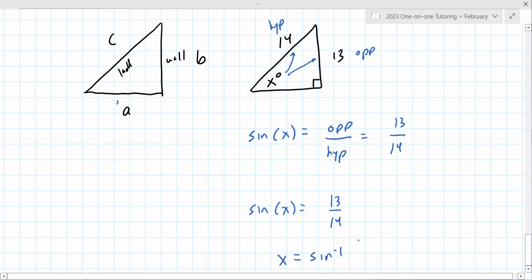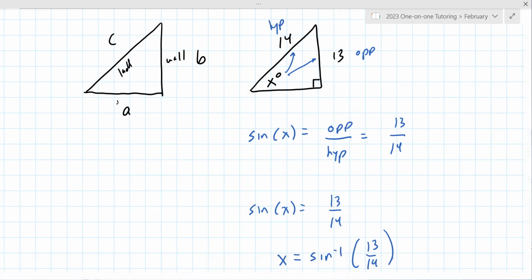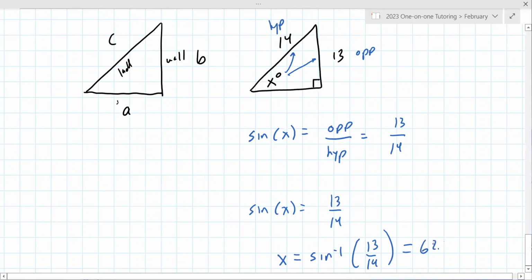This time it's sine inverse of 13 over 14 equals X. So that's 68.21, sorry. Degree symbol, pretty important there.